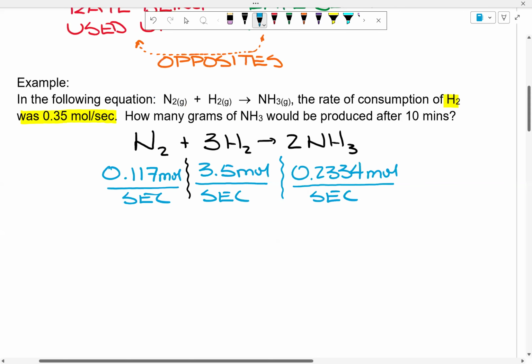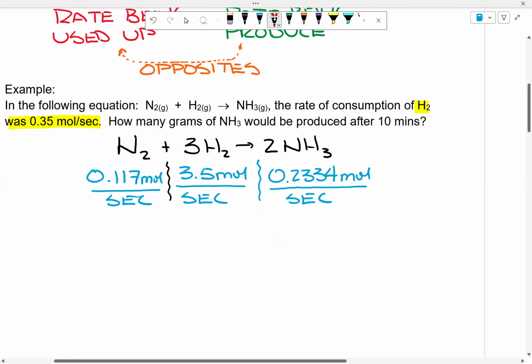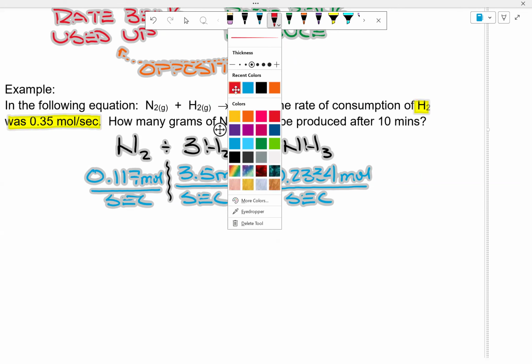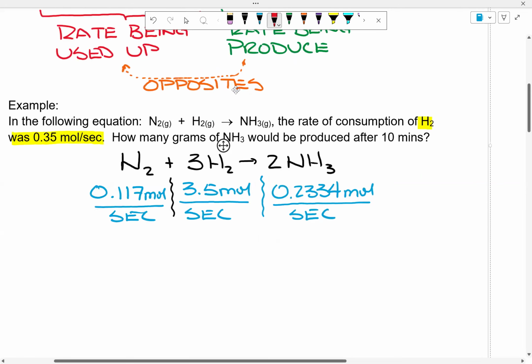Now, remember, what you need to recall is that you need to follow the mole ratio.